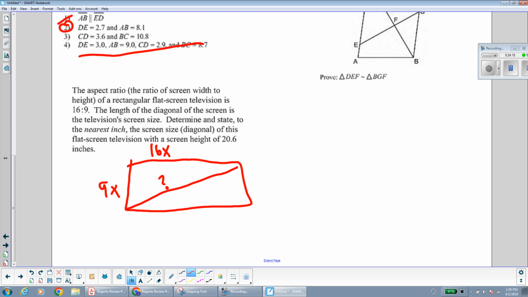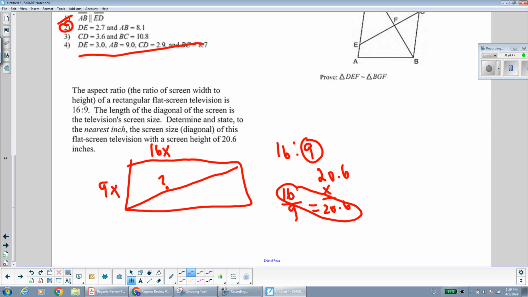Okay. So 16 to 9 is the ratio here. And we know that the height, the 9 part, is 20.6. So if we set this up as a ratio, as a fraction, 16 over 9 is what if 20.6 is the 9 part?